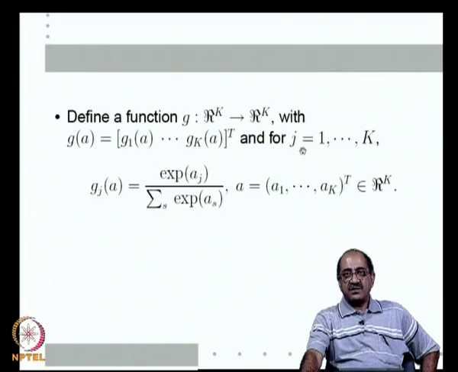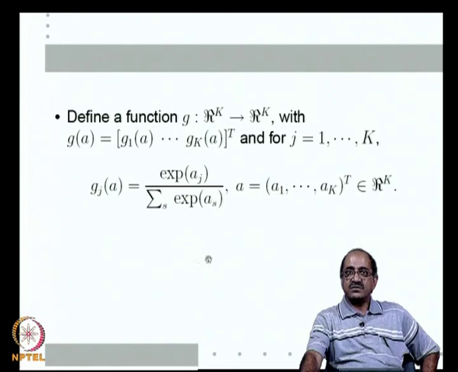Okay. And for each j, we define gj by this function: exponential aj divided by the summation of exponential as. Right. So, the aj's are components of a. Because g's domain is Rk, a is in Rk. So, a has components a1 to ak. Okay. So, this is the g function we define.